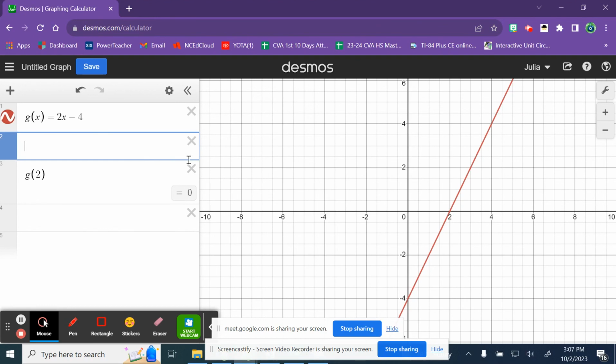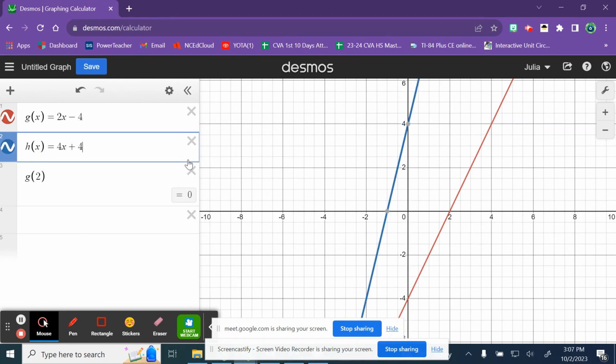So for the mixed up page that we were looking at earlier, where we had all the different functions at the top, you can also use Desmos to get around doing some of that if you type them in by their name. So h of x equals 4x plus 4 was our other one, and we can do 1/2.